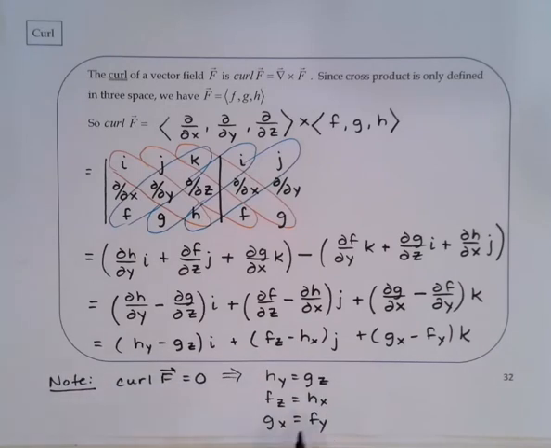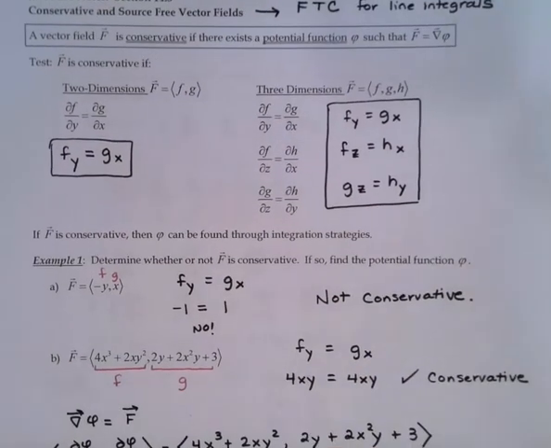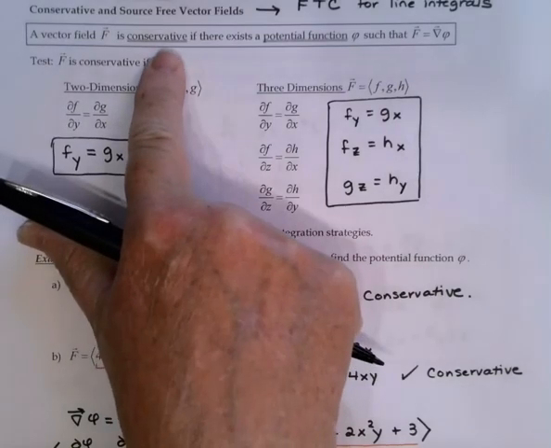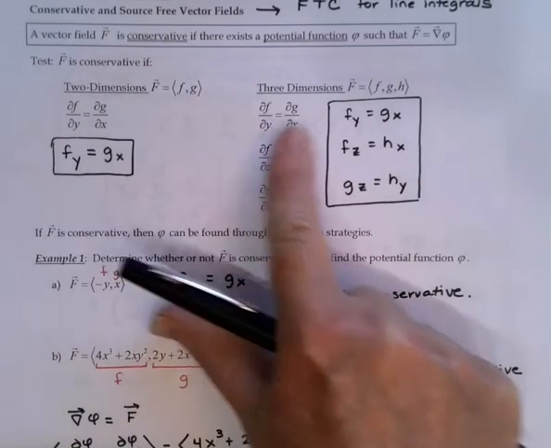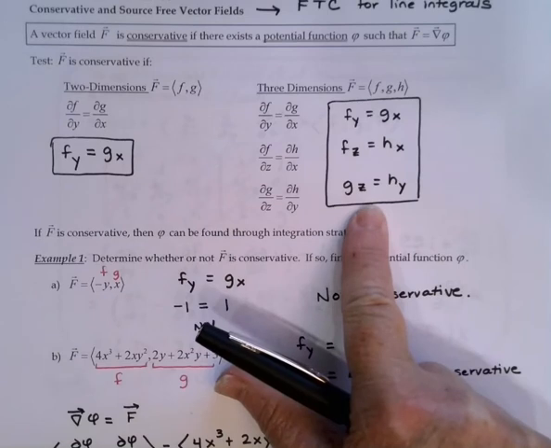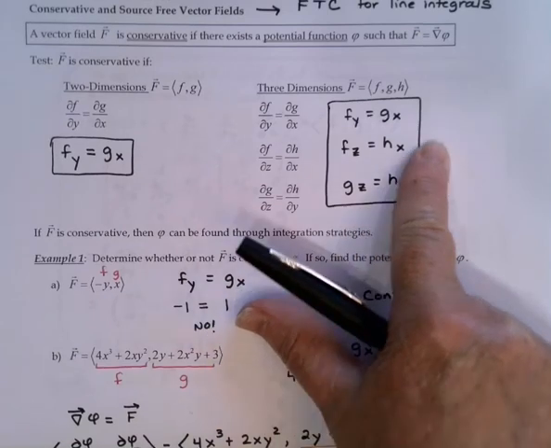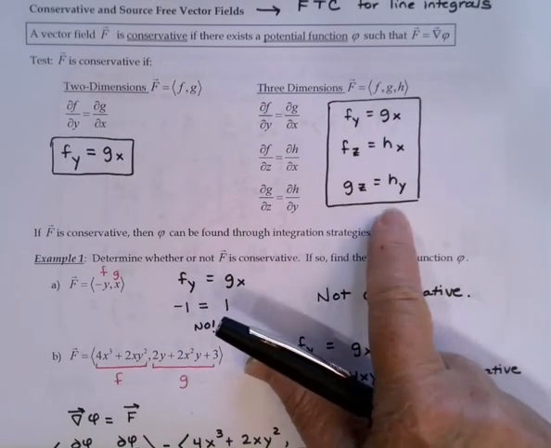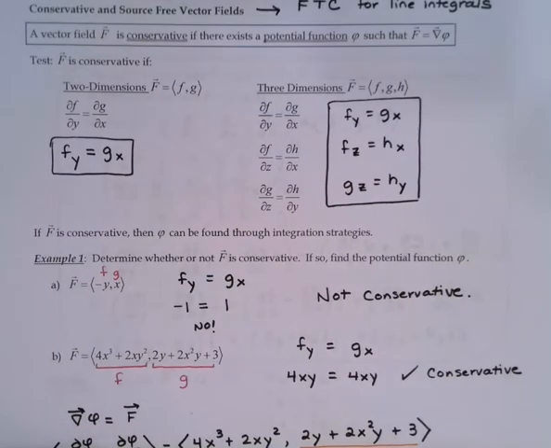If you feel like you've seen that set of 3 conditions before, you have. Way back when we were talking about what made a vector field conservative, the 3 conditions that we just found are exactly the 3 conditions that we had listed here in order for a 3-dimensional f to be conservative.